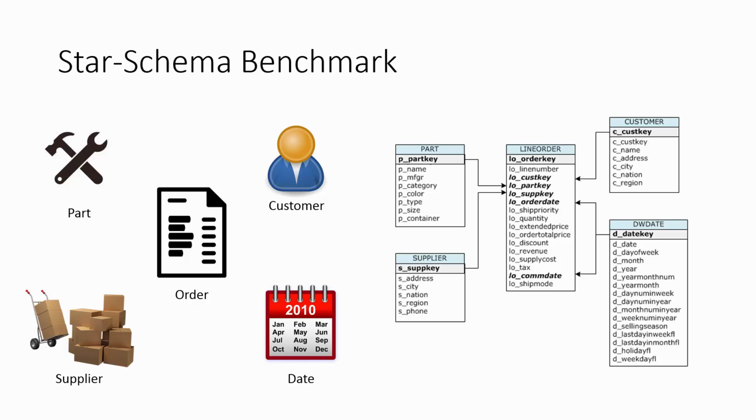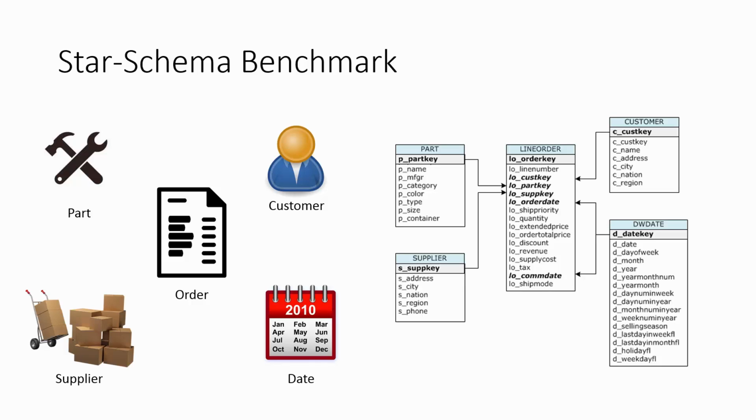In fact, the central table in this schema, which is line order, is actually known as the fact table, because it is the table that connects all of the other tables. So it's the central table or the fact table, and the tables that are connected to the fact table are known as the dimension tables. So that's a basic idea about the star schema that is present in the star schema benchmark.